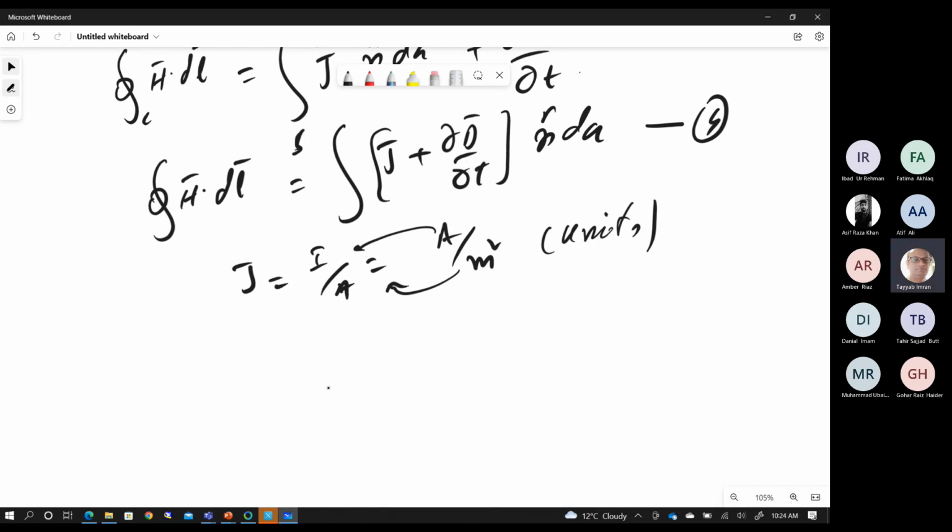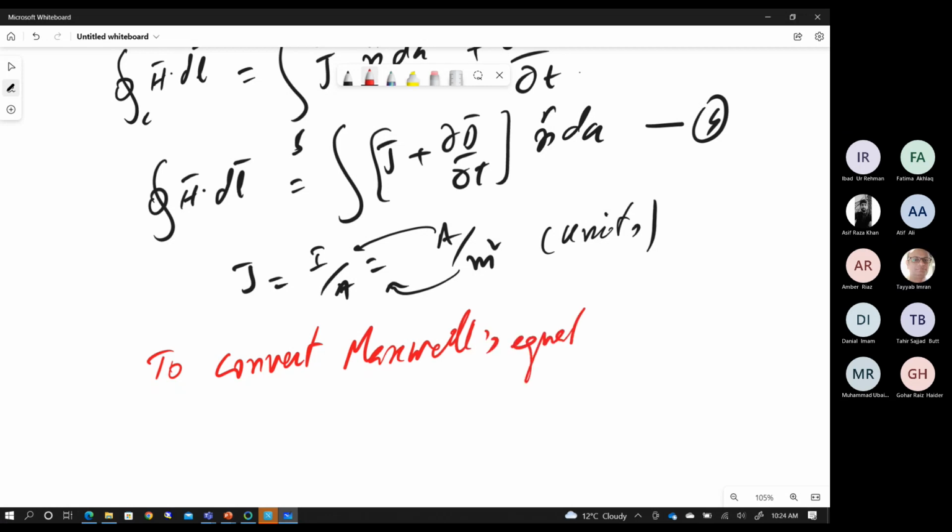Now, if we want to convert Maxwell's equations from this integral form to differential form, after conversion we will summarize these equations as well, what is differential form, what is integral form. At the moment, maybe you feel that it's scattered, but we will summarize.